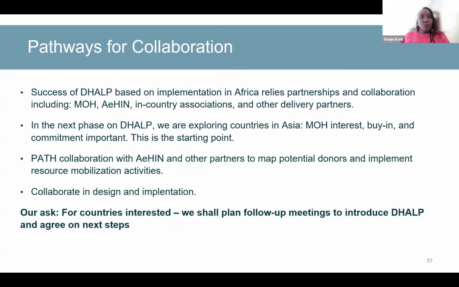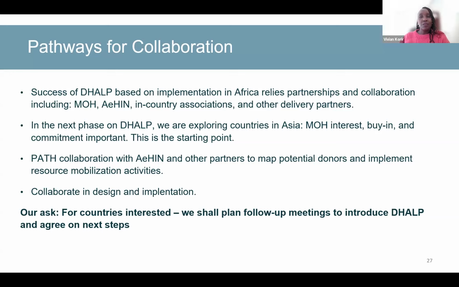The success of this program, we've learned, relies on partnerships and collaboration, like the Ministry of Health, the Health Informatics Association or network, in-country associations, as well as delivery partners. So in this next phase, we are exploring countries in Asia who might be interested in this and would benefit from this.